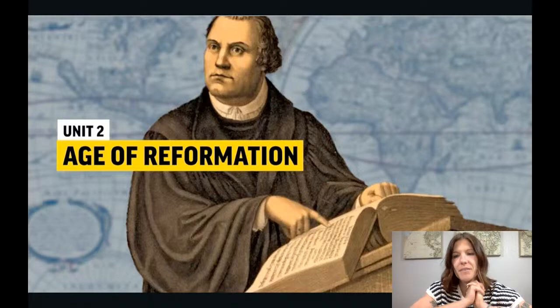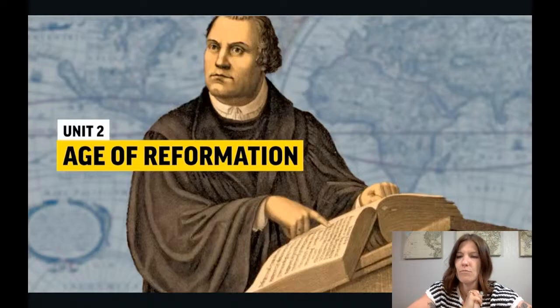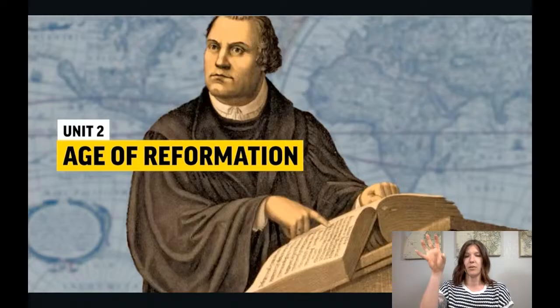This is 1450 to 1648. Mercantilism: in order to have mercantilism, you need to have colonies. So mercantilism happens with colonies, right? That's the mother country controlling lands, literally extracting resources from that land, shipping it back to the mother country. It's made into usable goods, and then they're selling it back to the colonies for profit.